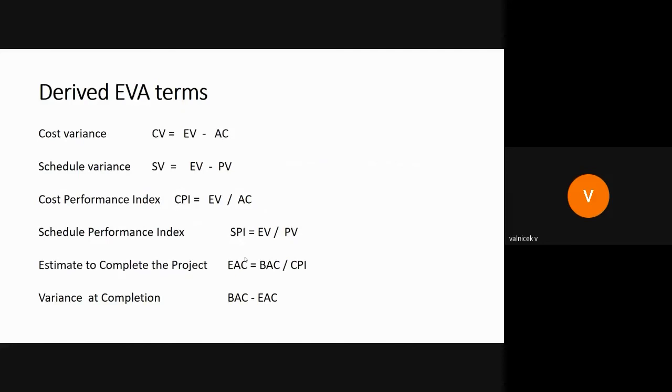Estimate to complete the project is budget at completion divided by the cost performance index. And variance at completion is budget at completion minus estimate to complete the project.